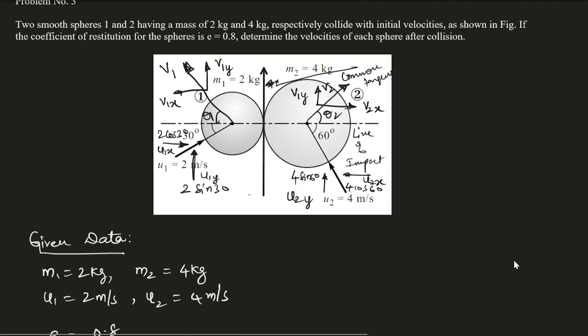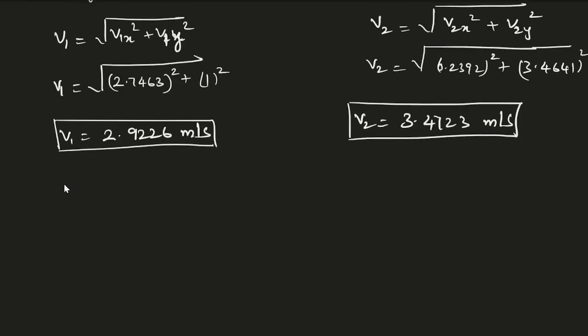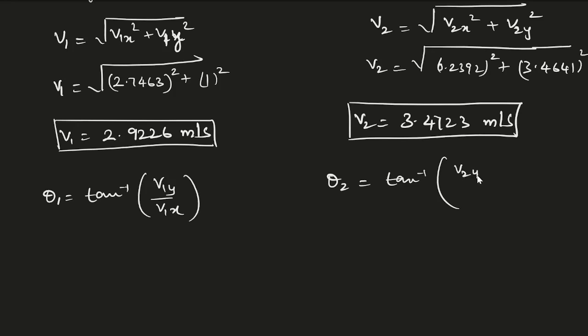We found the velocities v1, v2, but we don't know the angles of the velocities, right? Because here we have to find theta 1 and theta 2. So again we can use the formula: theta 1 will be equal to tan inverse of v1y divided by v1x, and theta 2 will be equal to tan inverse of v2y divided by v2x.